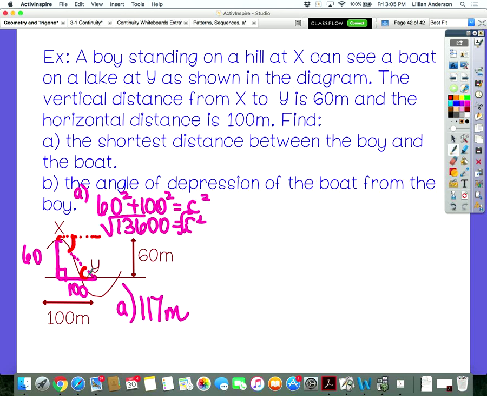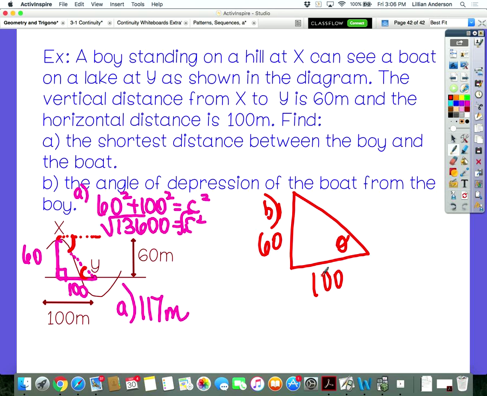It's always horizontal. And remember what I discussed before was that you have opposite interior angles, so we're actually talking about that angle right on the inside of that right triangle. That's what we're looking for. Okay? So look at that a little bit better. This is 60, this is 100, and we're looking for this angle right here.